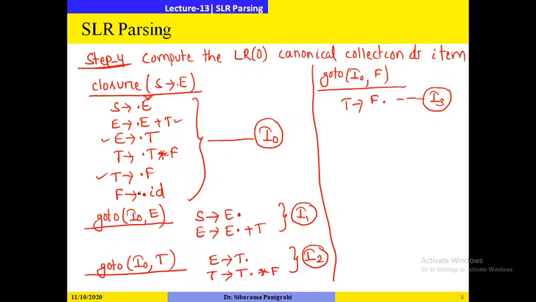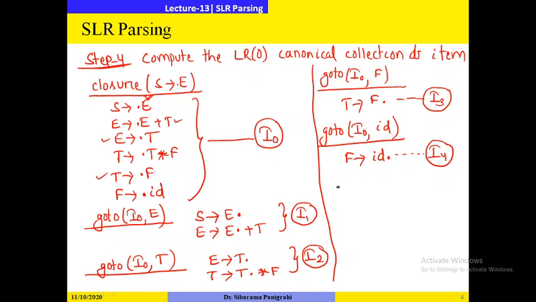We can jump the ID. So here we will go to I0, comma ID. So I0, comma ID means, so here you see dot ID is there. So we can go through F gives to ID dot. Okay. So this is called as I4.